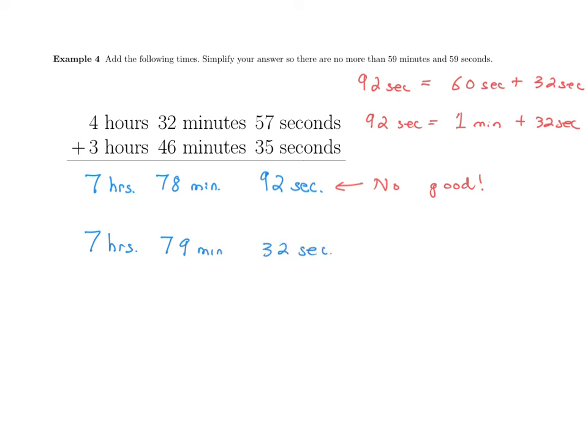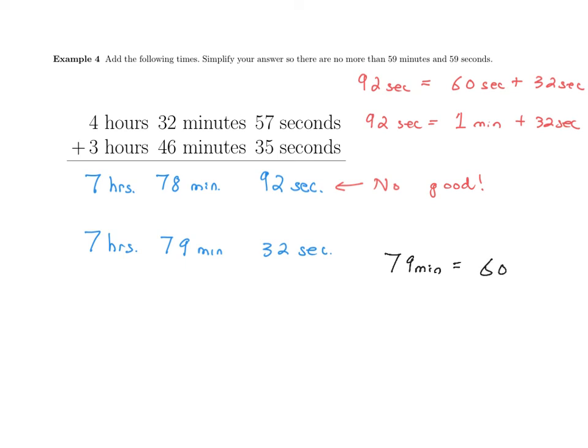Now there's no problem with the seconds. But now we have 79 minutes. There's some number of hours that can be factored out of here, and so I'll do some scratch work off to the side. We could really treat this like a base 60 number. We have 79 minutes. How can I split that up using 60?